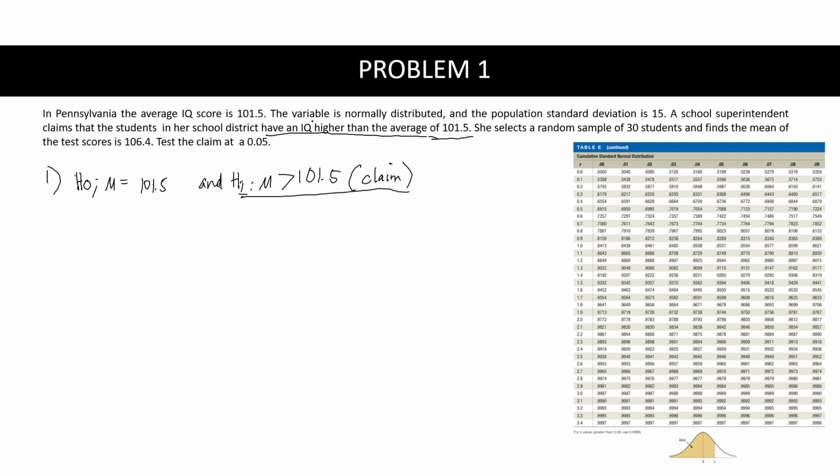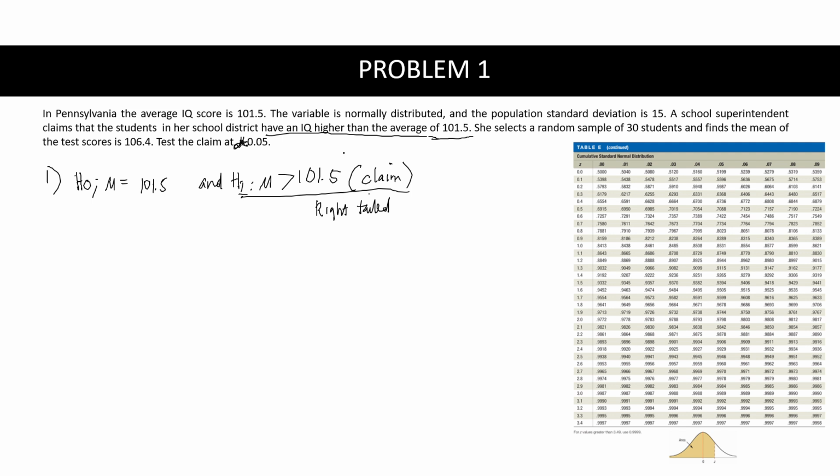Since alpha, what is our alpha here? Alpha is equal to 0.05. So the test is a right-tailed test. Okay, right-tailed. The critical value: how do we get it for a right-tailed test?